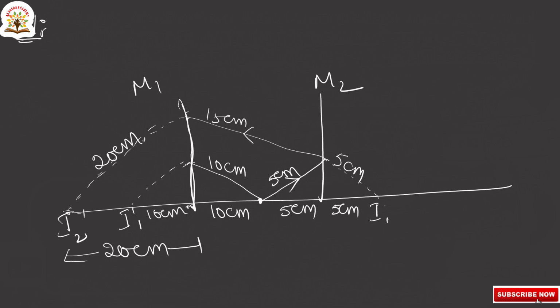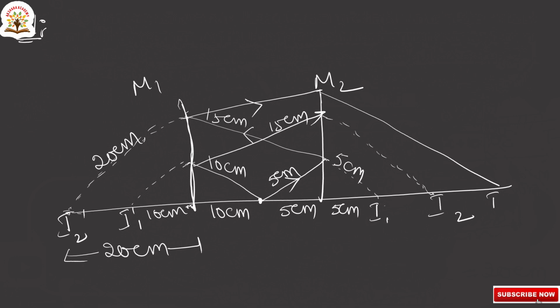Next, from here to here we are sending again 15 centimeter. From here to here 15 centimeter. These two are formed here. This is at I2 and this is at I3.